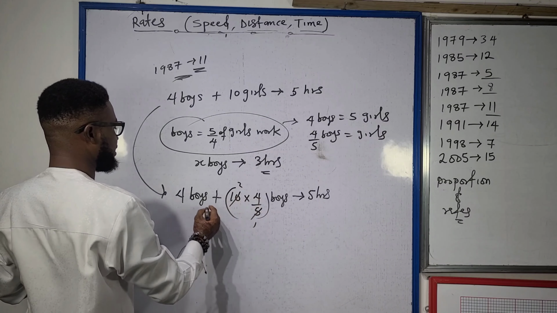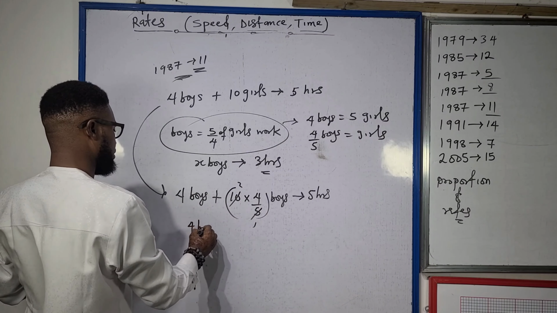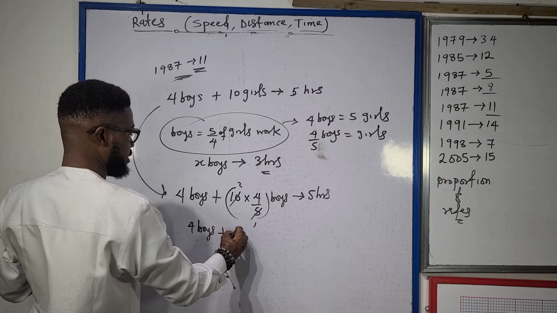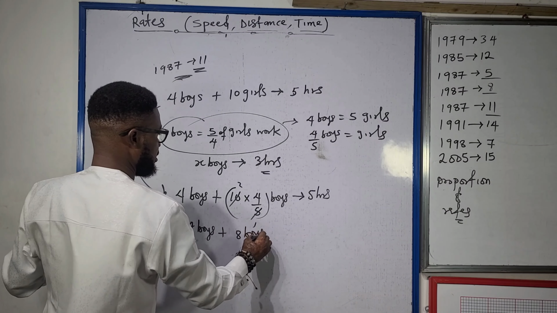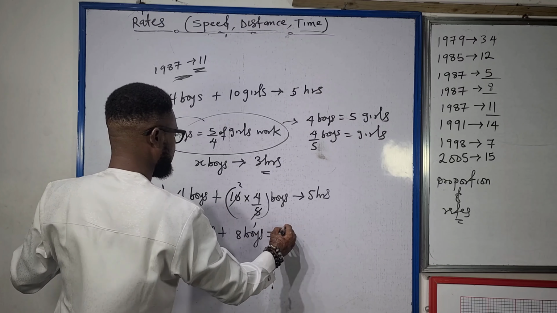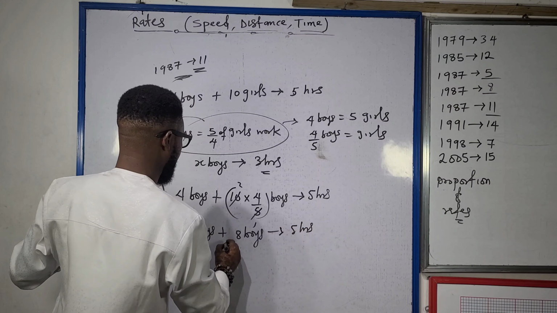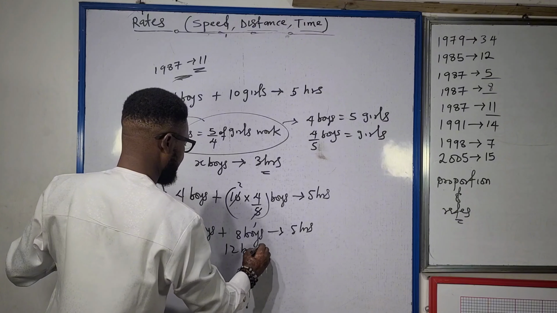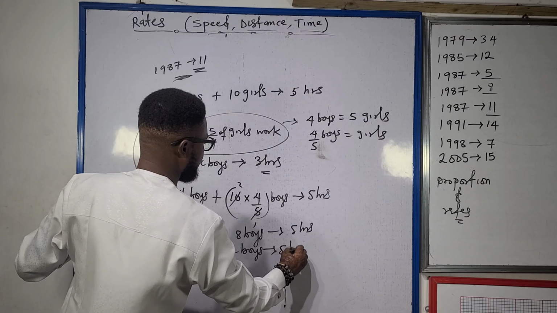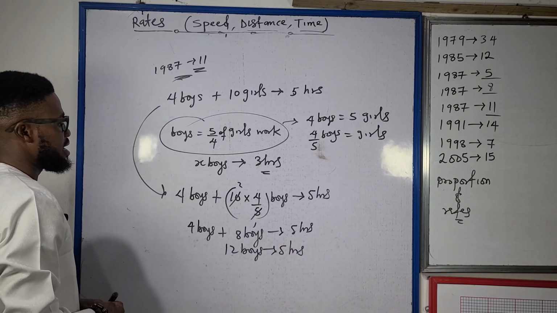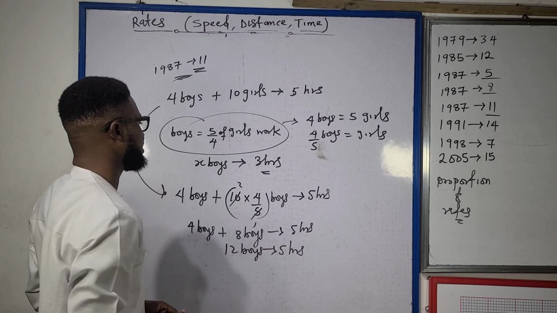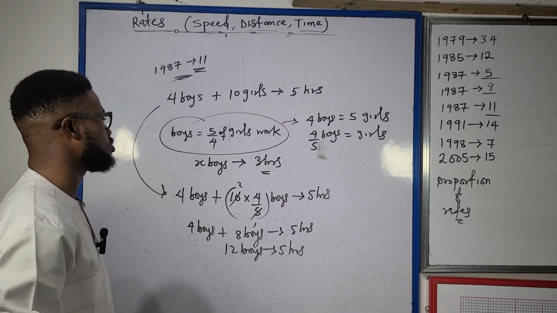So 2 times 4, 8. 4 boys plus 8 boys will be able to do the job in 5 hours. So that's 12 boys in 5 hours. So what the question is asking us is how many boys will be able to do this job in 3 hours.